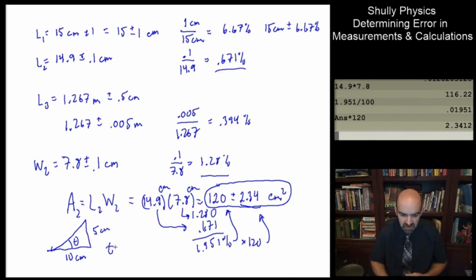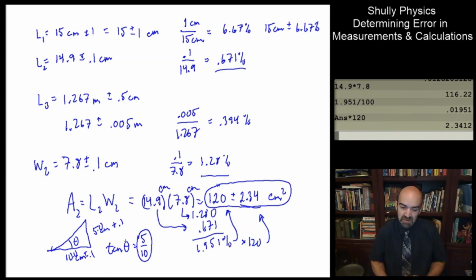Well, tangent of theta would be 5 over 10. Centimeters, of course, would cancel. Now, if this measurement was 5.0 centimeters plus or minus 0.1, and this was 10.0 plus or minus 0.1, you'd find the percent errors for those two. But look what you're doing with the 5 and the 10. You're dividing them, so you would add the percent errors.